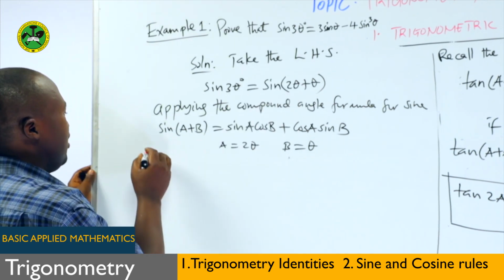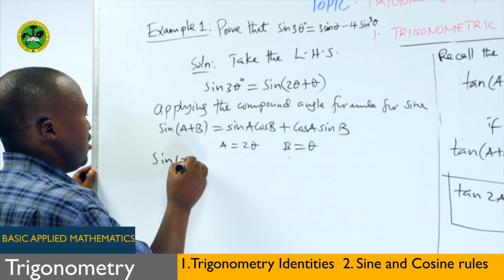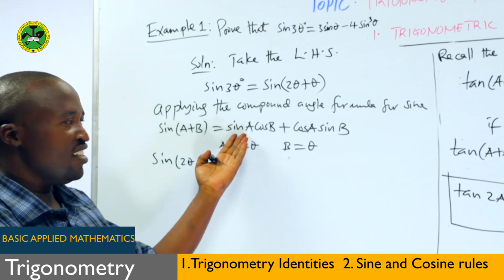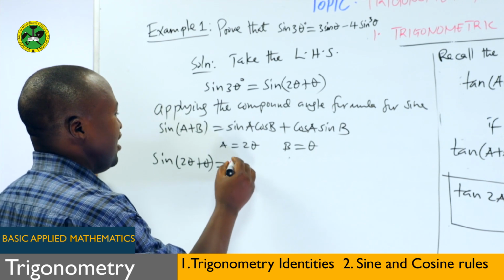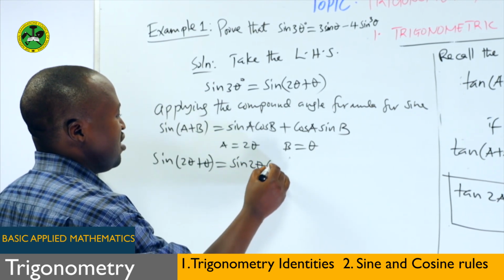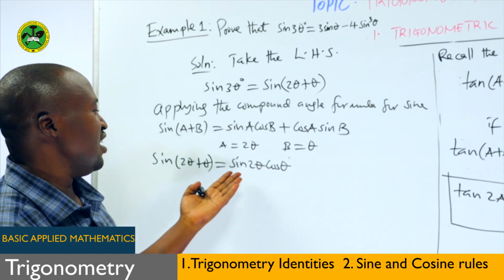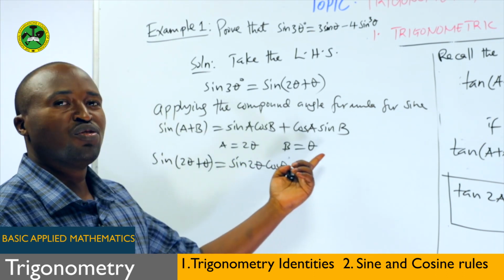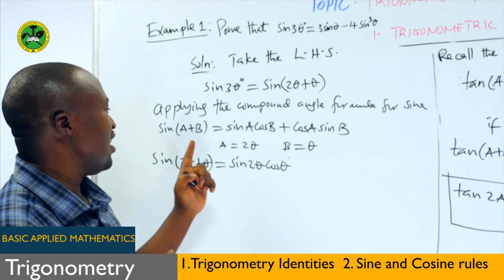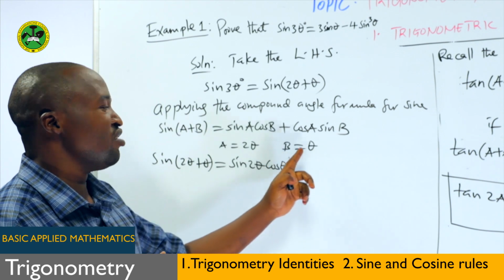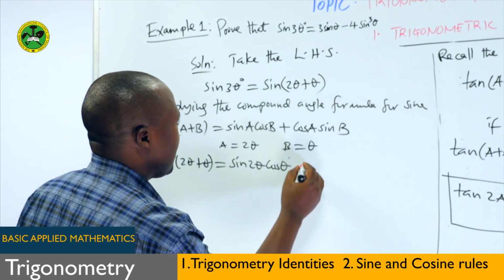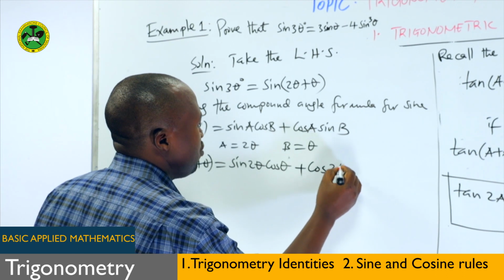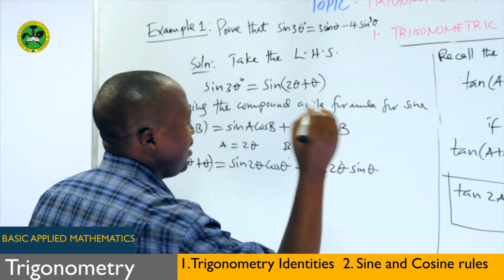Now let us expand this one. Sine of 2 theta plus theta will be equal to sine A cos B, that is sine 2 theta cos theta, because A is equal to 2 theta and B is equal to theta, plus cos A sine B, so we have cos 2 theta sine theta.